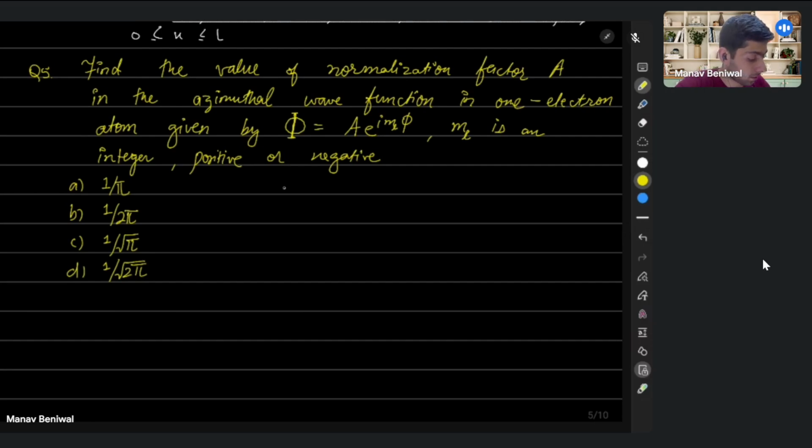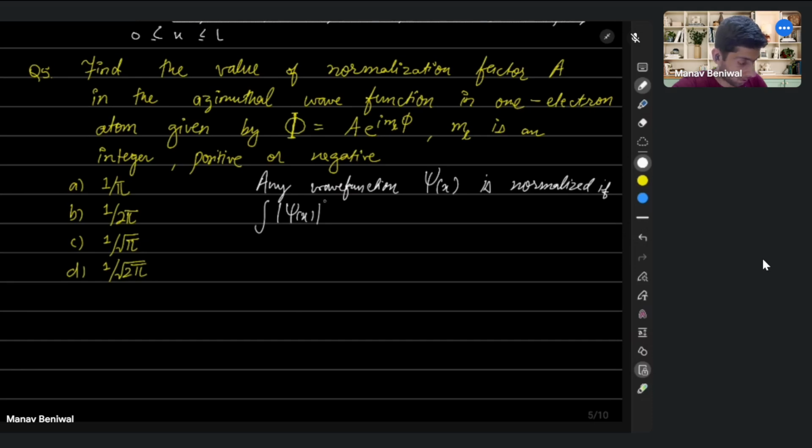Now any wave function psi of x is normalized if the integral of mod psi x squared dx is 1, as the particle exists somewhere.